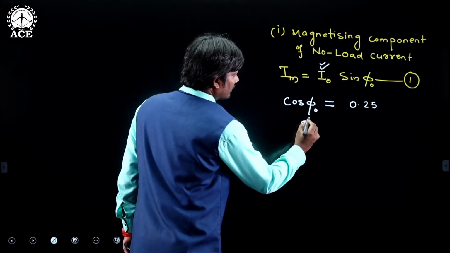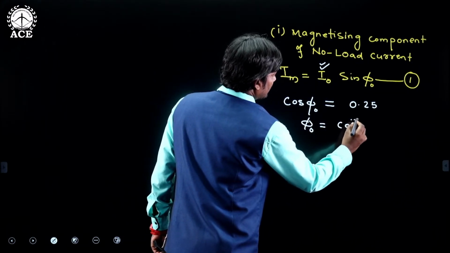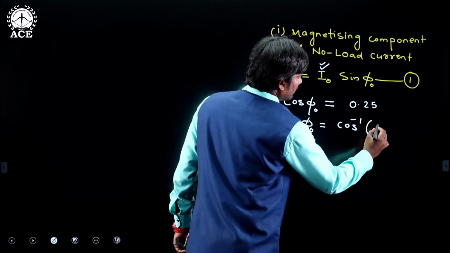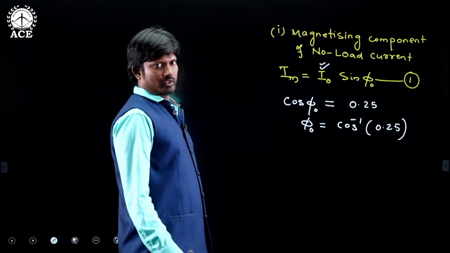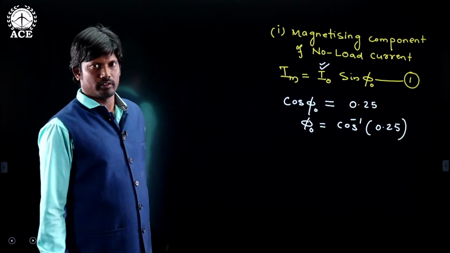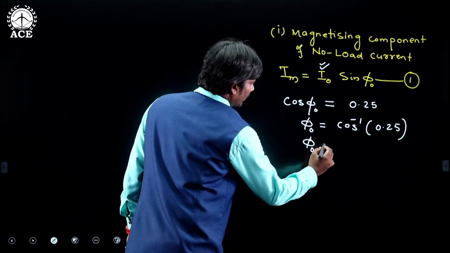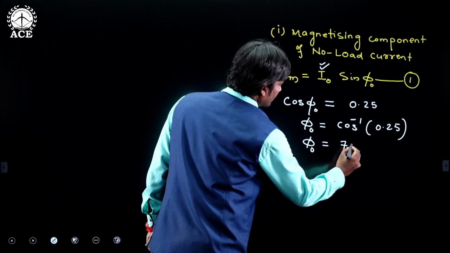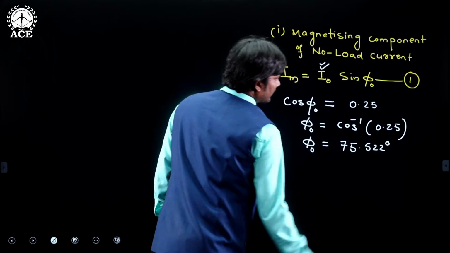So what is phi naught? It is nothing but cos inverse of 0.25. Now use the calculator. It will come, phi naught is equal to 75.522 degrees.